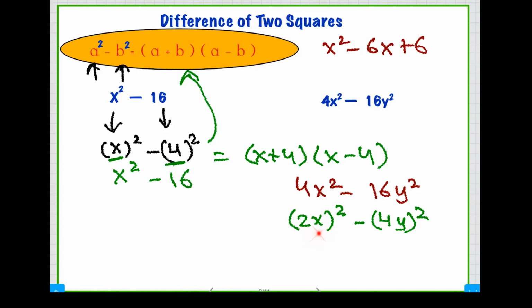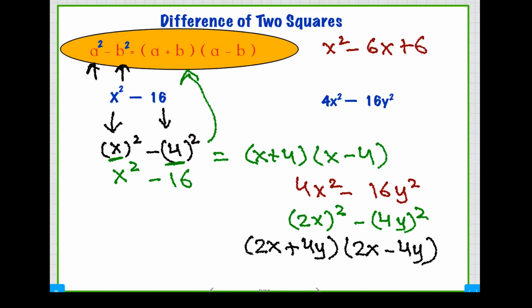What it says is I can write both these terms, 2x and 4y, whatever is inside the brackets, once with the plus sign and once with the negative sign: 2x plus 4y and 2x minus 4y. That's how we can factorize the difference of two squares using the formula above.